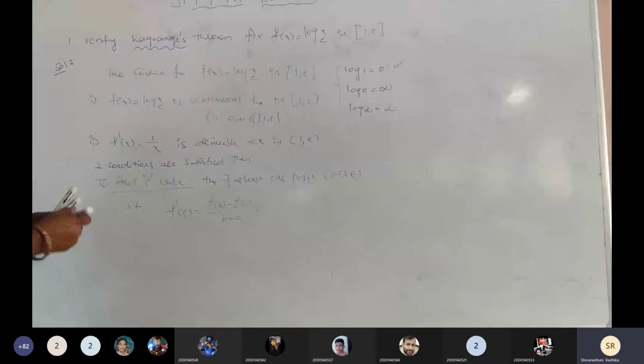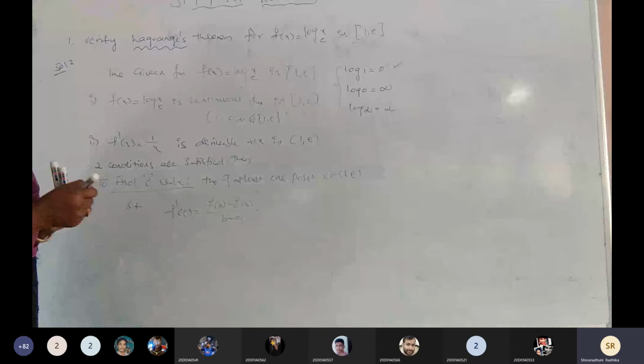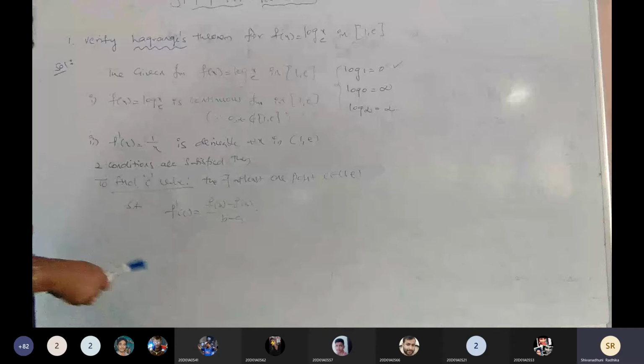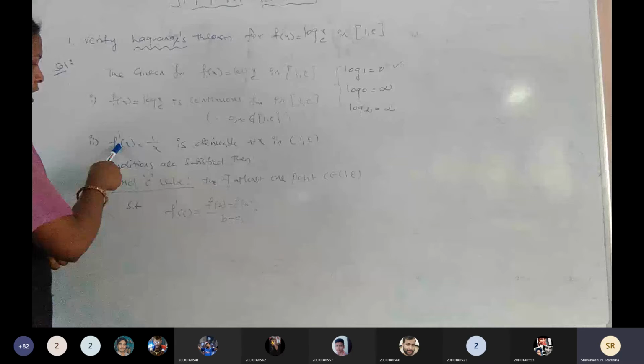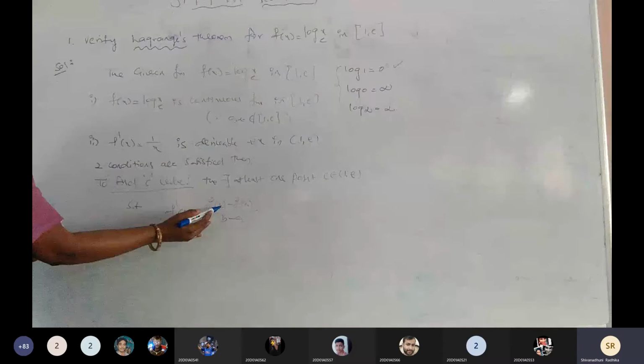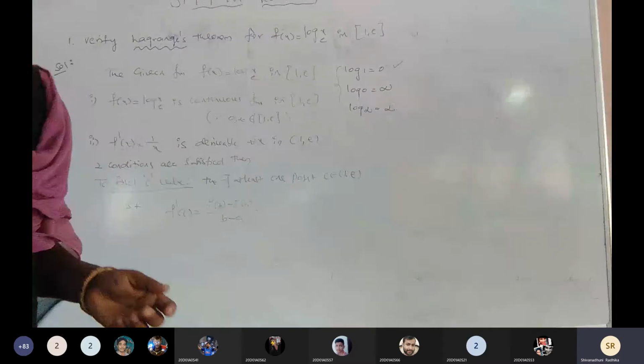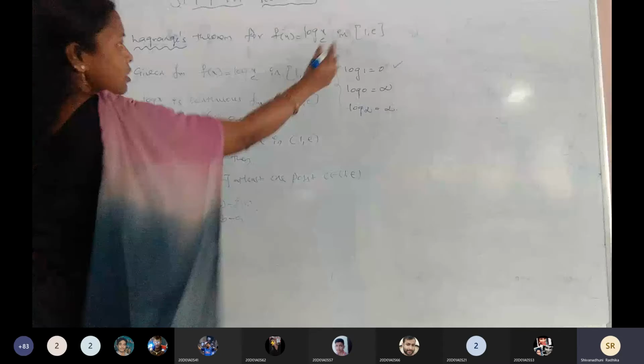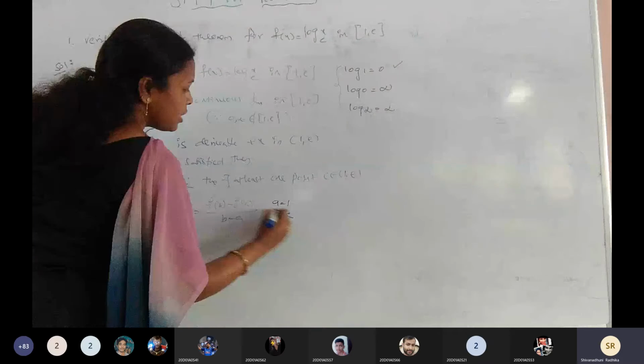And substitute x equals c in f dash of x. Then substitute the b value and a value, which we already know in the given: a equals 1, b equals e, right?